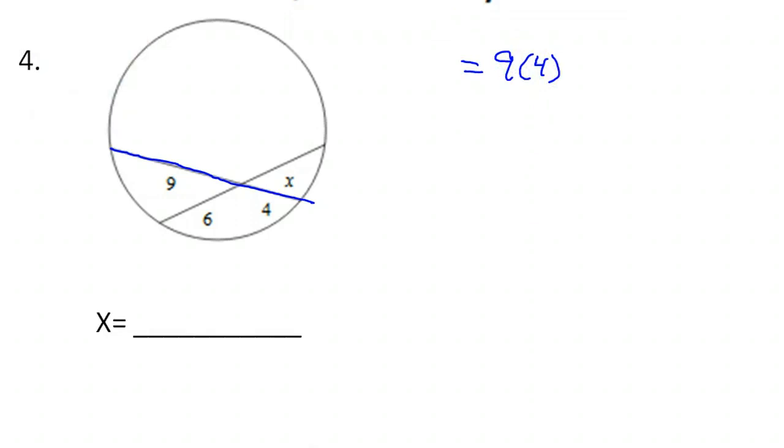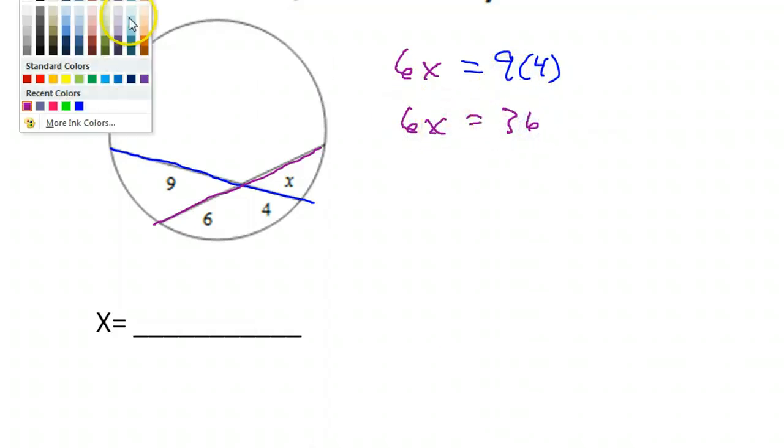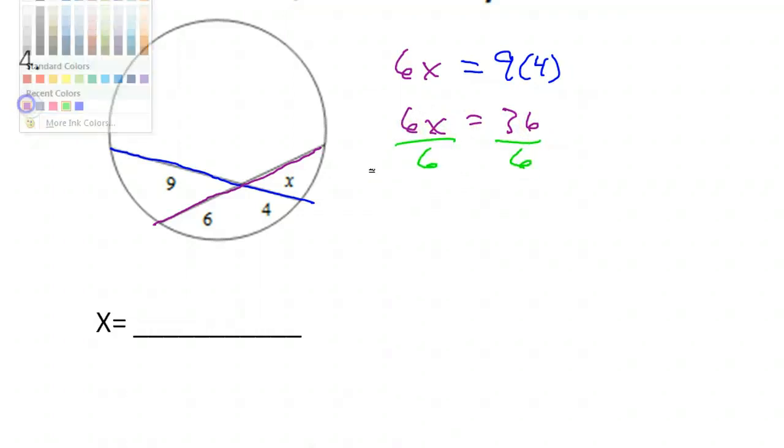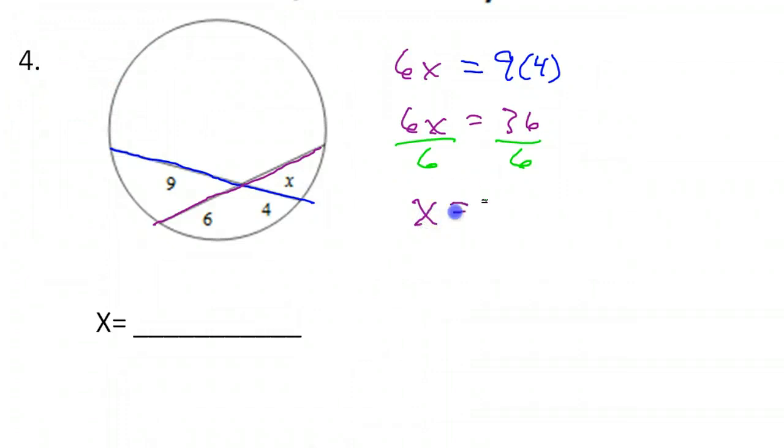And looking at the purple chord, that's 6 times x. So we have 6x equals 36. So if we divide both sides by 6, we get x equals 6.